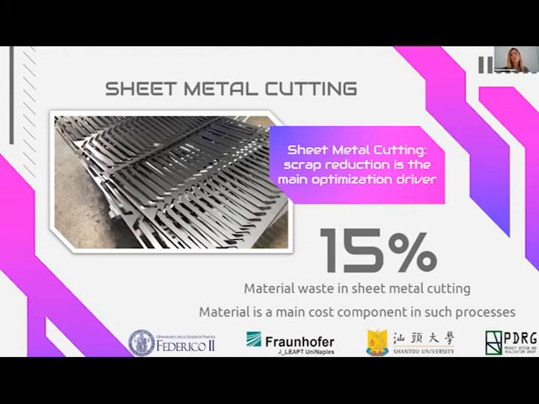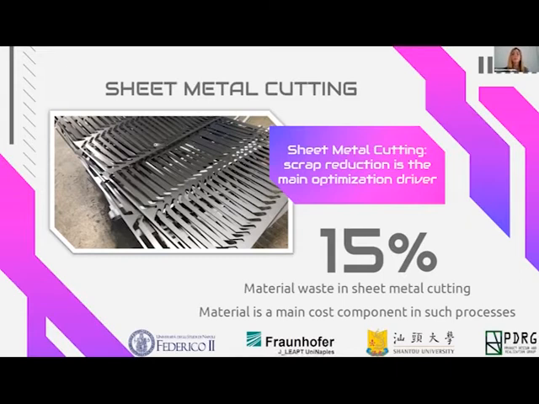And why are we focusing in particular on the sheet metal cutting sector? The reason is that the optimization for these processes is mainly driven by the decrease of the scrap percentage, as material is the main cost component, and the cutting machines, considering the different technologies, for example, punching, laser, water jet, well, these processes can generate a scrap percentage that can reach 15% and more.